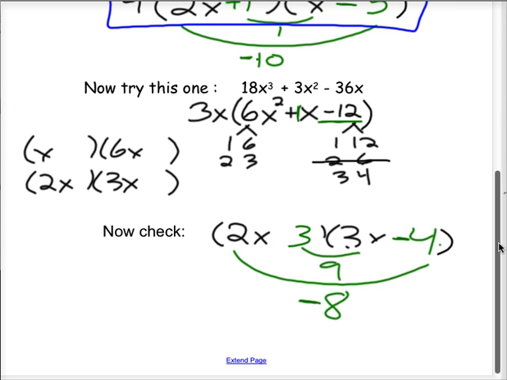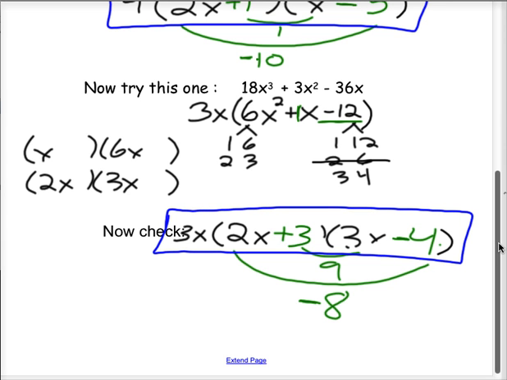So that's telling me that this is going to be a negative 4, a positive 3, and that finally is going to be our solution. Now remember, before I label this my solution, I need to put back the stuff that I pulled out. And then finally this, I can consider my answer.